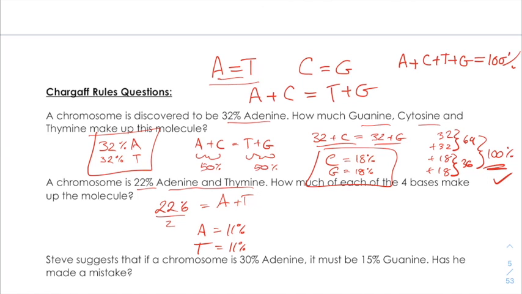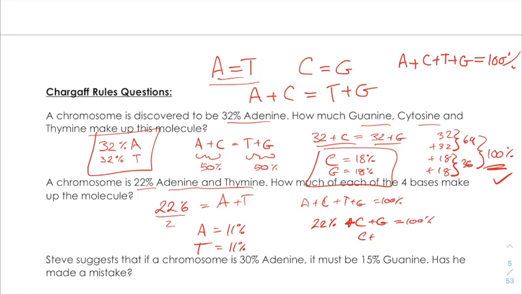And then if you know that, you can use the same rules we used before. You could also do some trickery like this. How about we use A plus C plus T plus G has to equal 100. We put in our A and T, which is 22%, plus C and plus G is equal to 100.